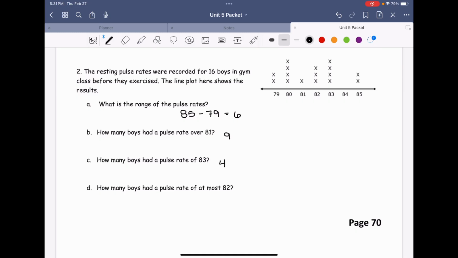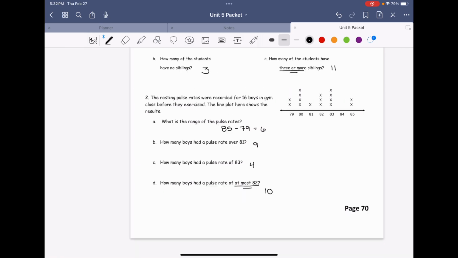There are 4 individuals for that. At most 82 means that it could be 82 or anything less than that. And there are 10 individuals that meet that ask. Okay, next page.